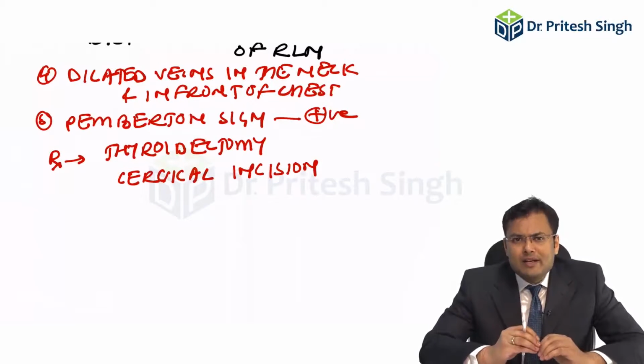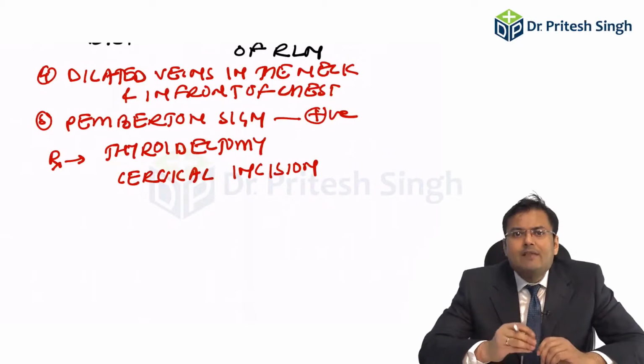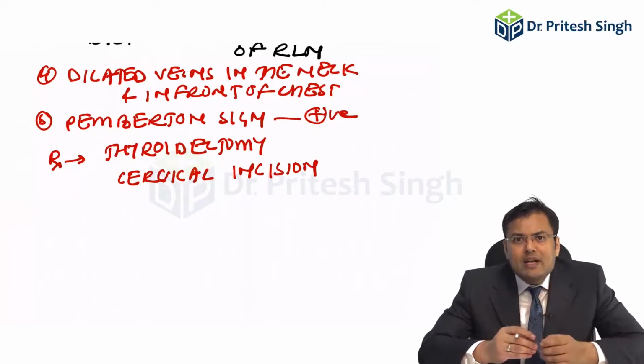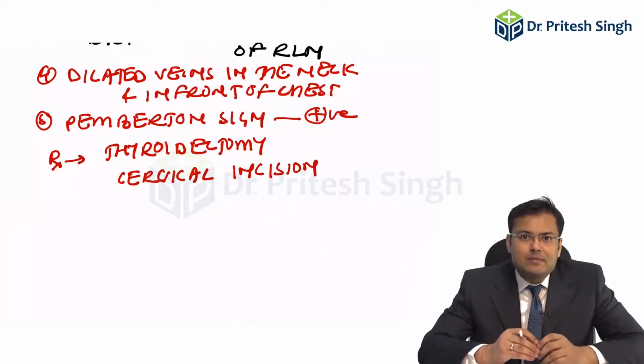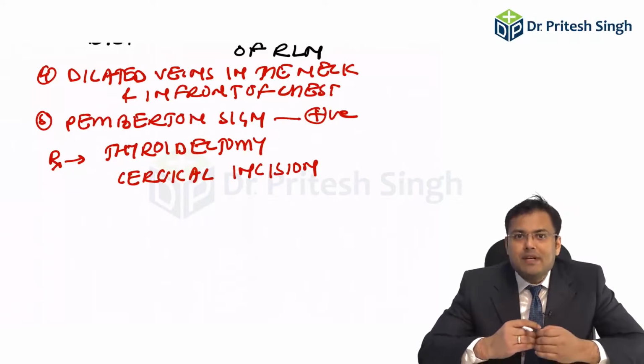Suppose you are giving 100 grams of radioactive iodine to someone to swallow. If the patient swallowed 100 grams of radioactive iodine and the thyroid gland took 70 grams, so tell me how much is the radioactive iodine uptake? It is 70%. So what is the definition?